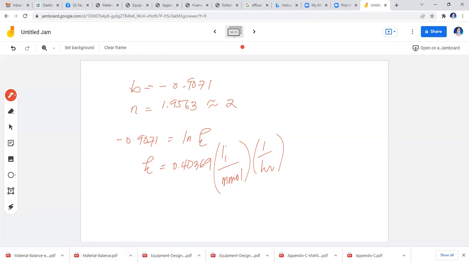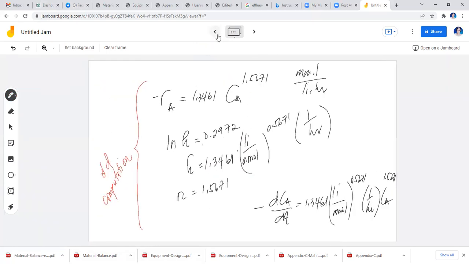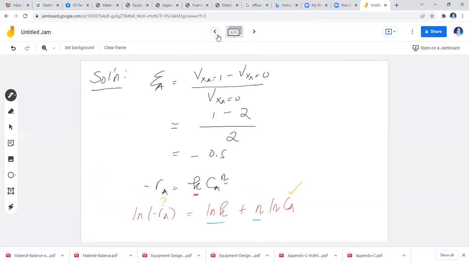So your rate equation is equal to 0.40369 C_A raised to 2. If I round off the 1.9563 to 2. Do you get it? So very far from our original answer. Even the k is very far if you miss to take note of epsilon A, the fractional change in the volume.